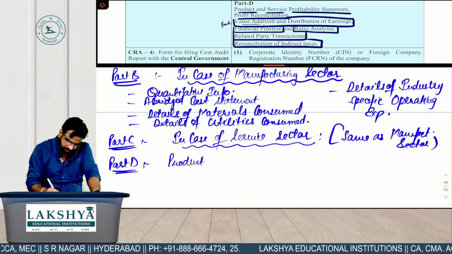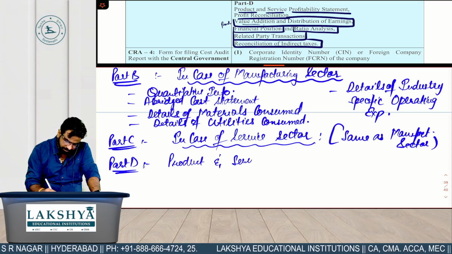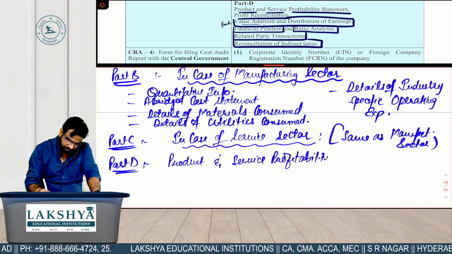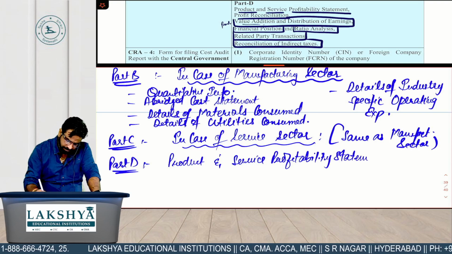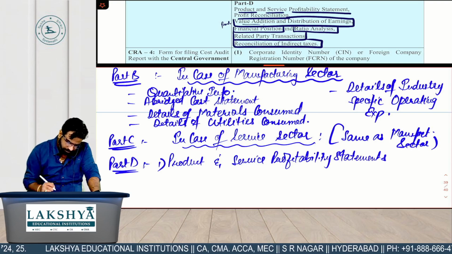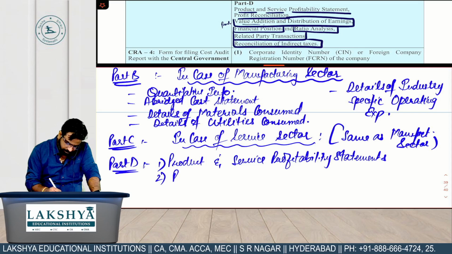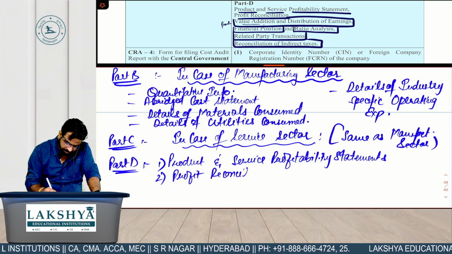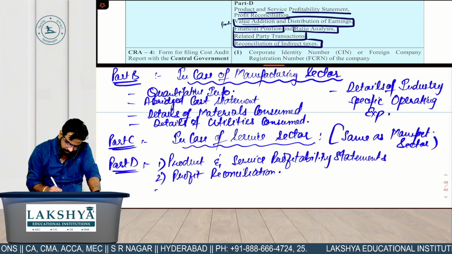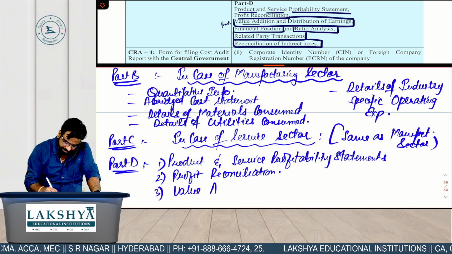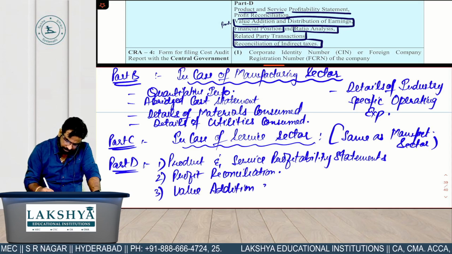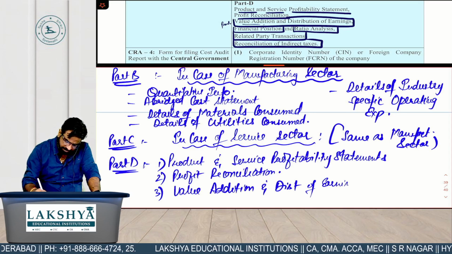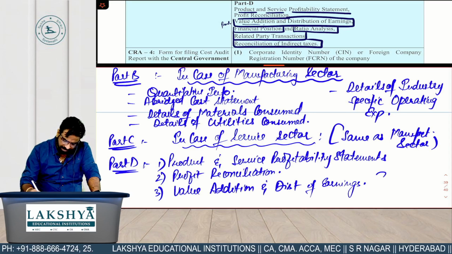Product and service profitability treatment, profit reconciliation, value addition, and distribution of earnings. This is the practical part.